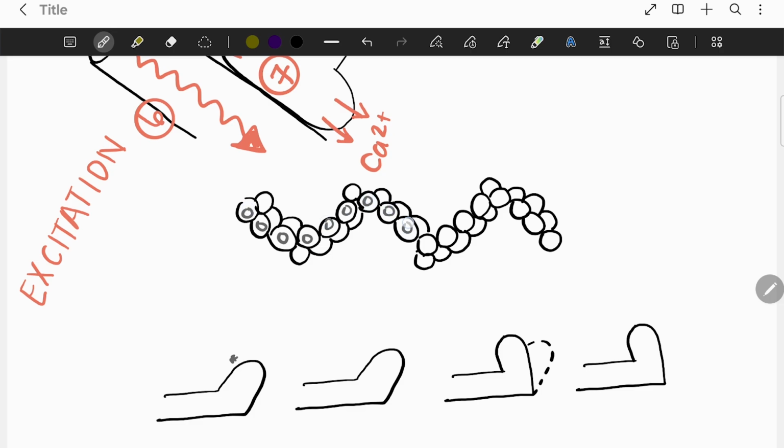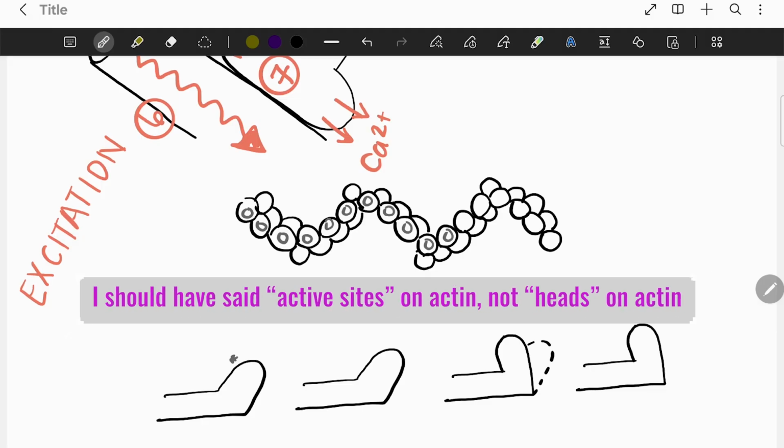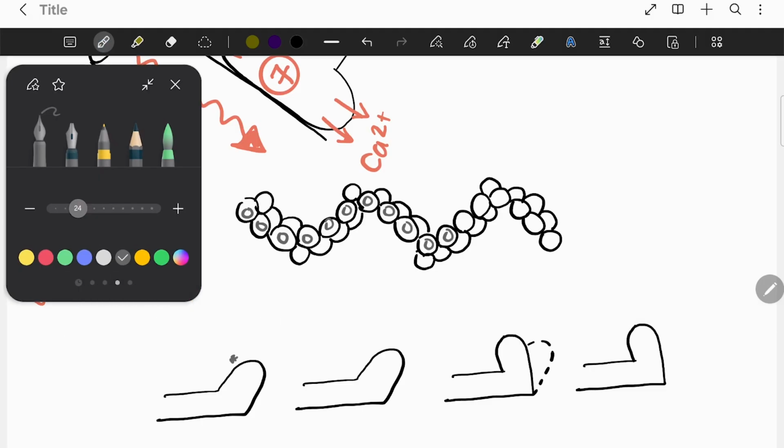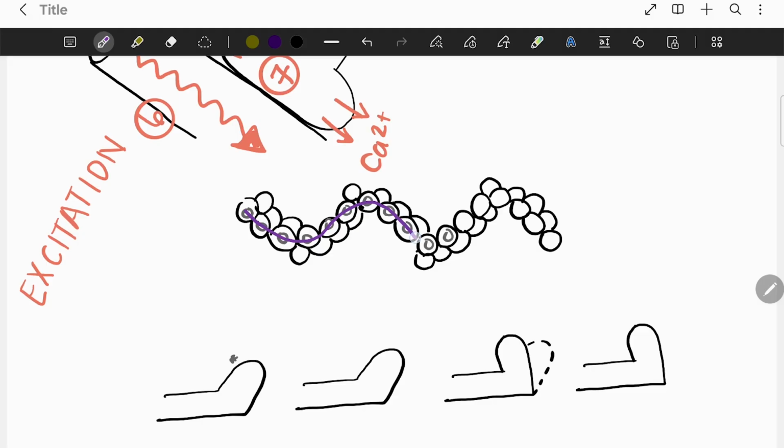But in the normal state of affairs, those active sites on the actin are covered by a protein called tropomyosin, okay? So there's this protein along here called tropomyosin. And it blocks the active sites on actin.